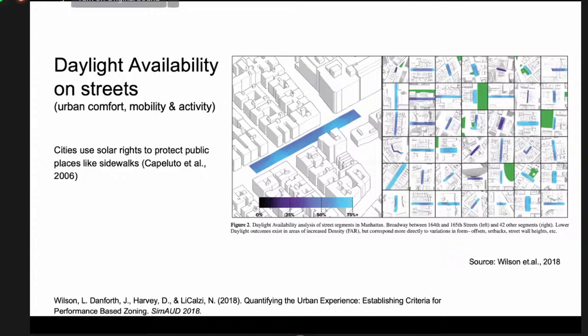So we can also do that if we are going to give intervention to the city streets. It can be done with sunlight hours during the day. We can analyze it through the year, or maybe in several months.